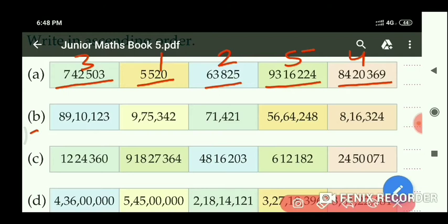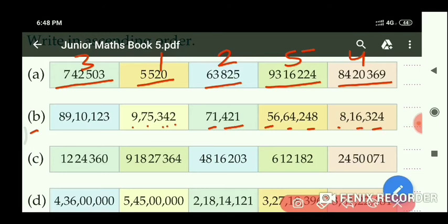You can see here B part, the first number is given 89 lakh, up to the 10 lakh place, given 10,123. Okay, and the second number 9,75,342. Next 71,421. Next 56,64,248, and this is 8,16,324.